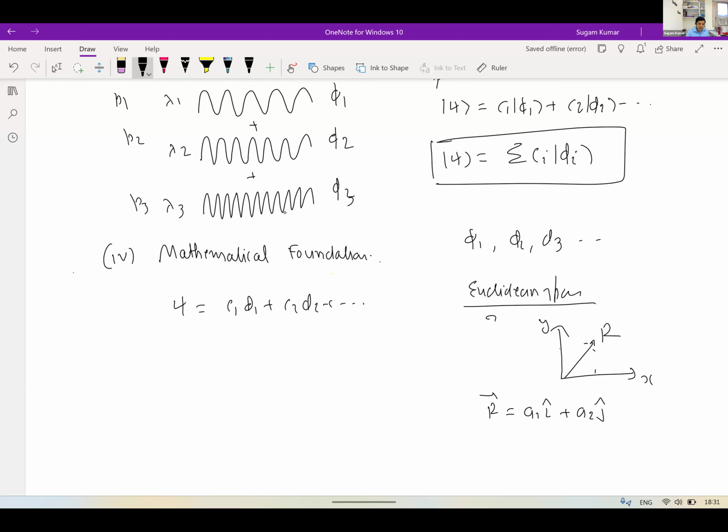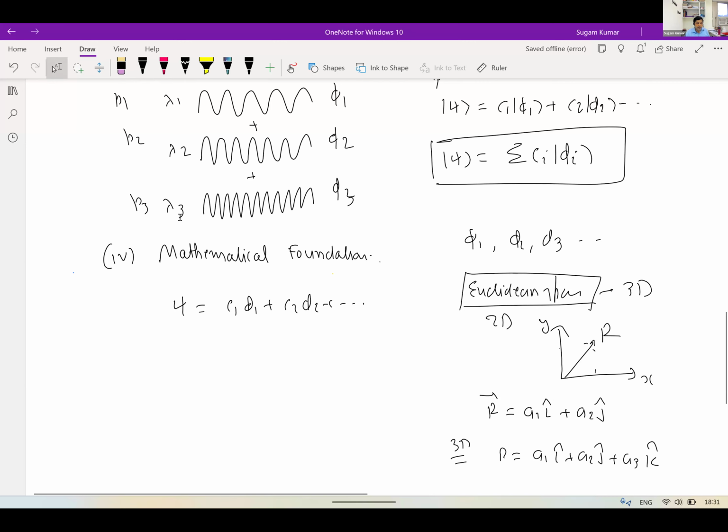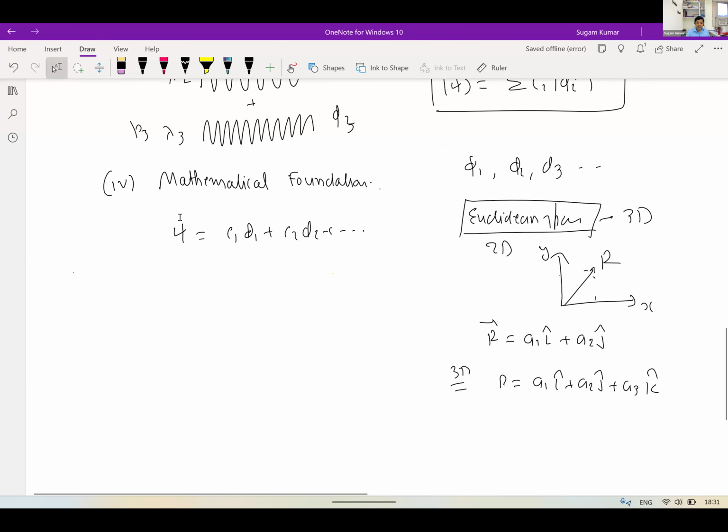So this is in 2 dimensions. When you go to 3 dimensions, this R is going to be A1 I plus A2 J plus A3 K. Although in the Euclidean space, the maximum we can go is 3 dimensions in the real space, in the general vector space a vector can go to n dimensions also.